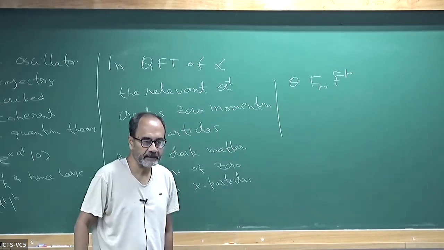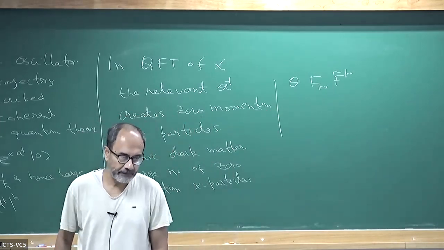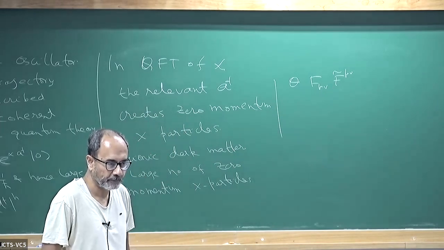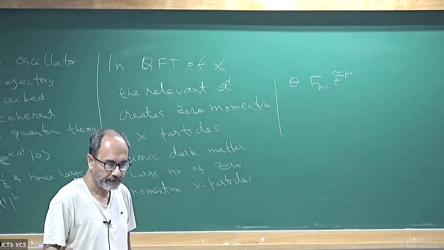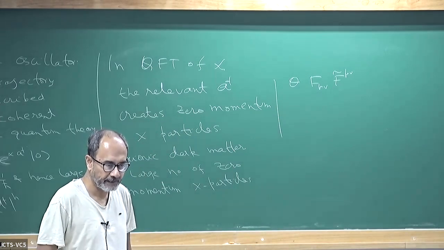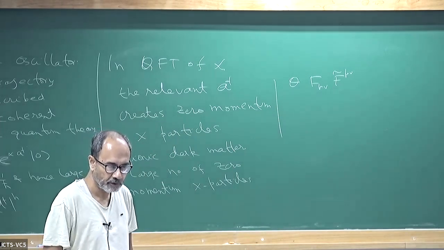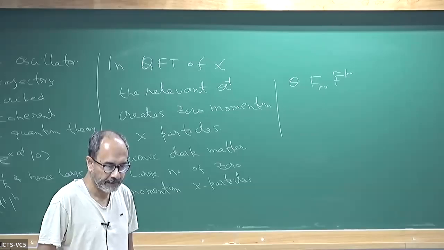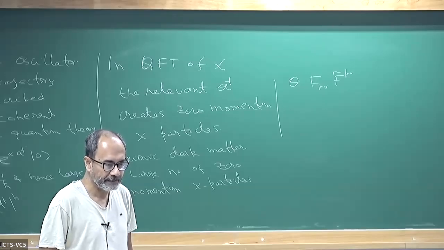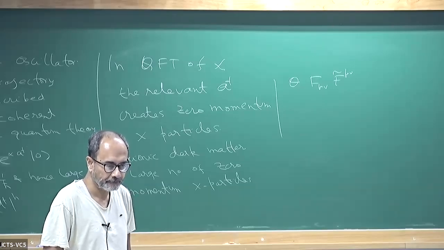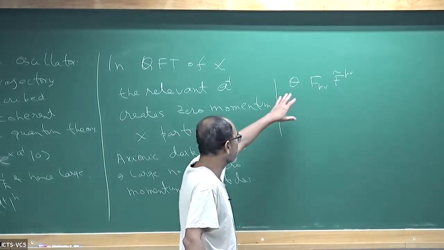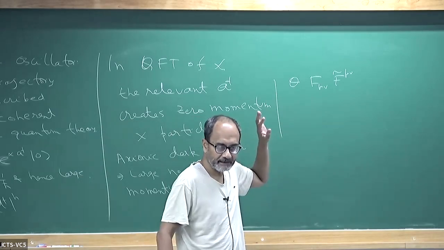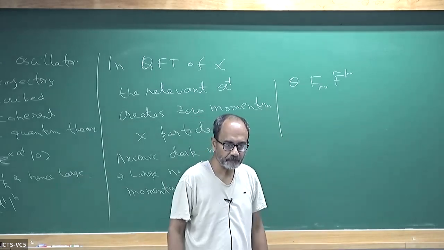This is the F F-dual term, the strong CP problem. If theta is equal to 0 or pi, it is CP invariant, but if theta is anything else, it's not CP invariant, and you should have seen it in properties of protons and neutrons, but you don't see it, so one has to explain why theta is close to 0.